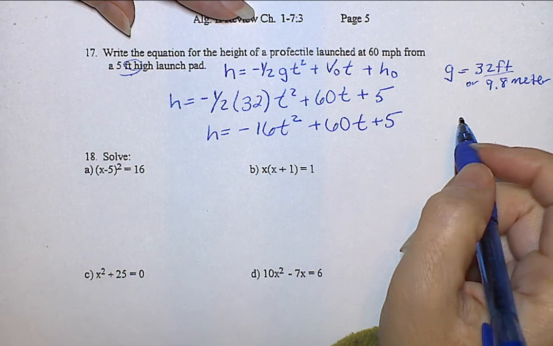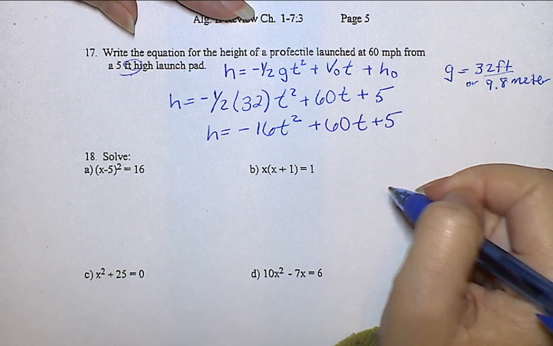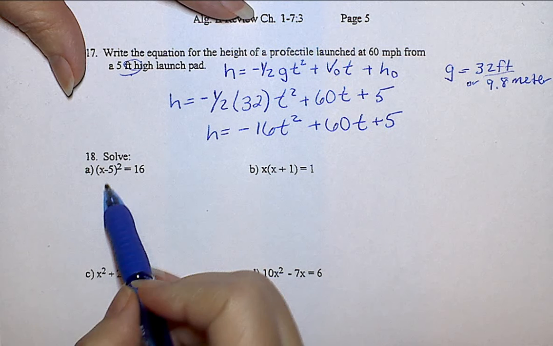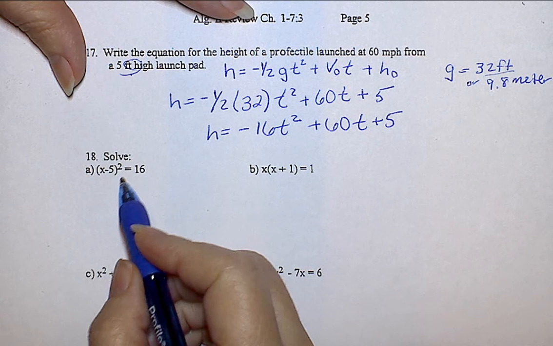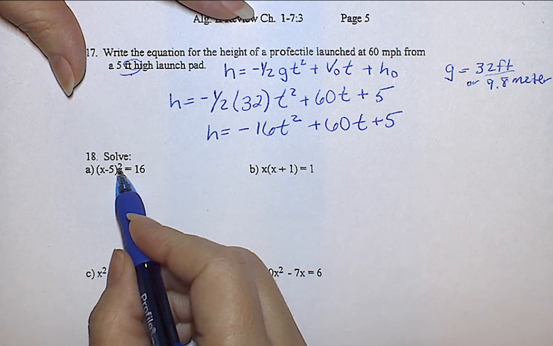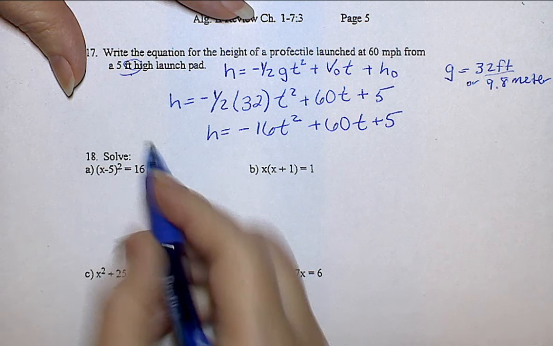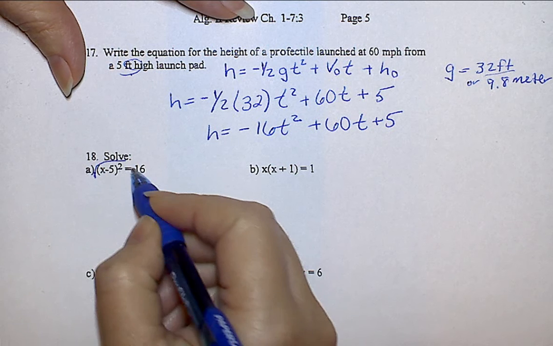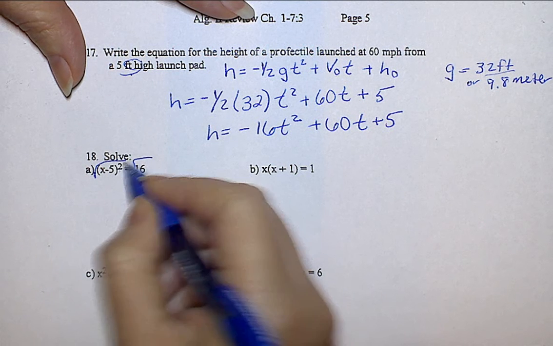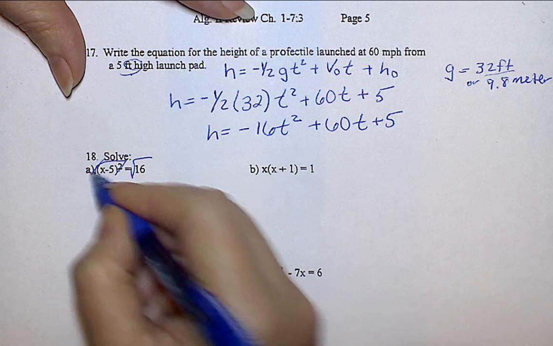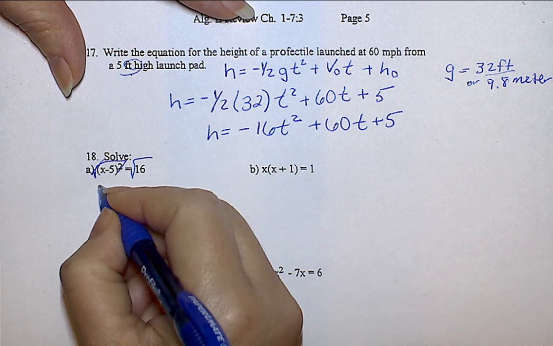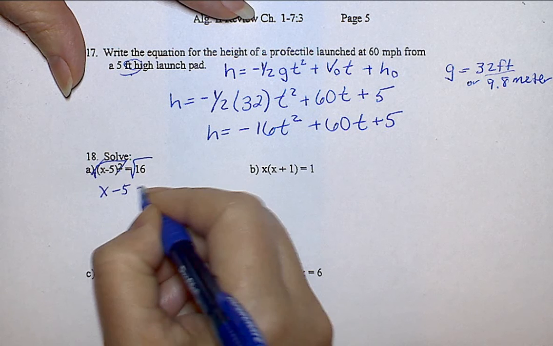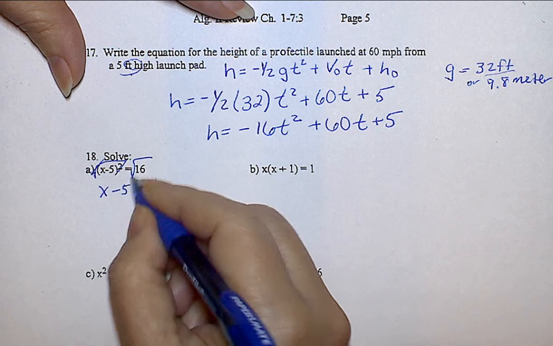Alright, solve it out. So we have to solve these equations. See how there's a square there and there's no other variable, you can actually just take the square root of this. So I'm going to take the square root of both sides, and that square root would get rid of that. So you have x minus 5 is equal to plus or minus the square root of 16.